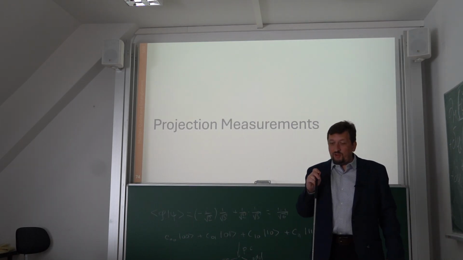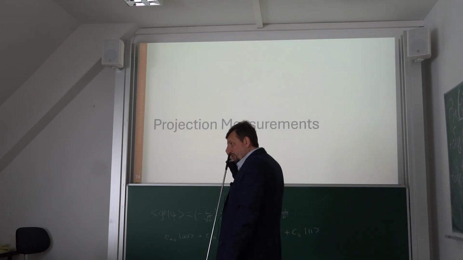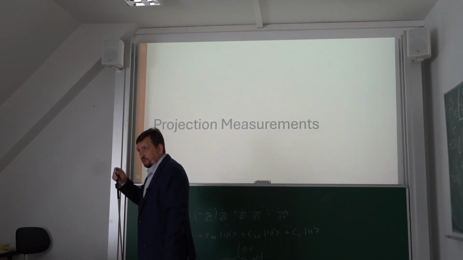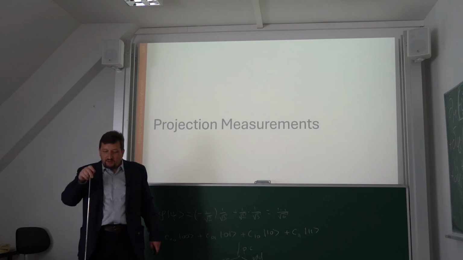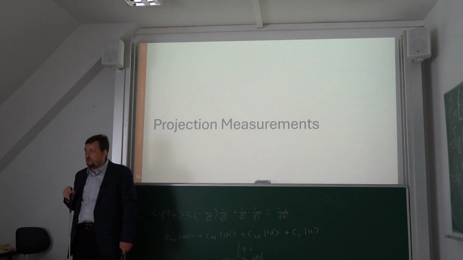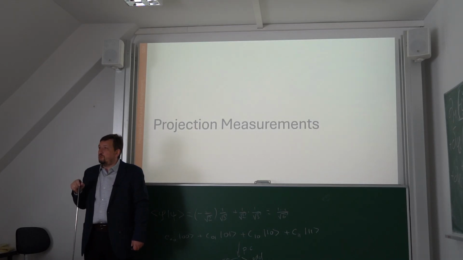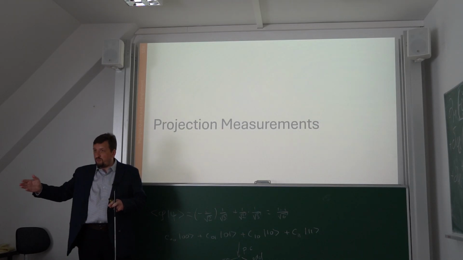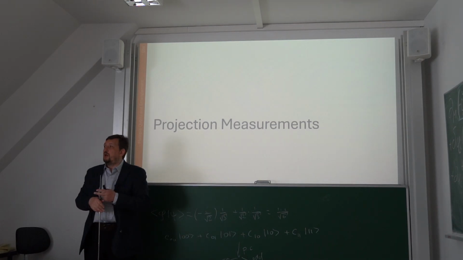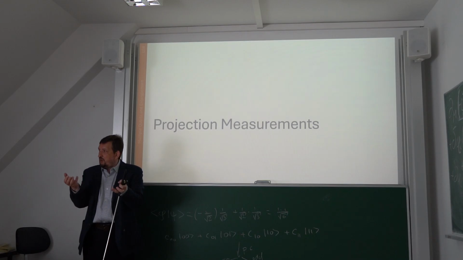Now we will go into more general measurements that include partial measurement and complete measurement. So this is called projection measurements. Because when we measure a quantum system, we project this quantum system into some states that we recognize as classical outcomes.